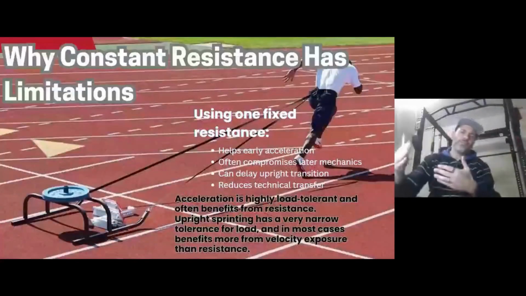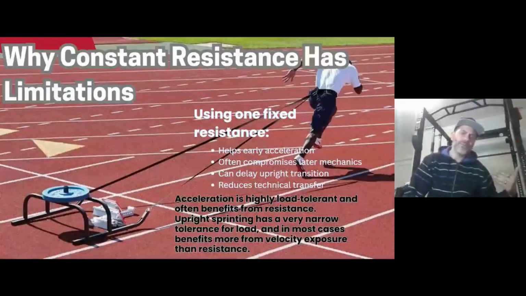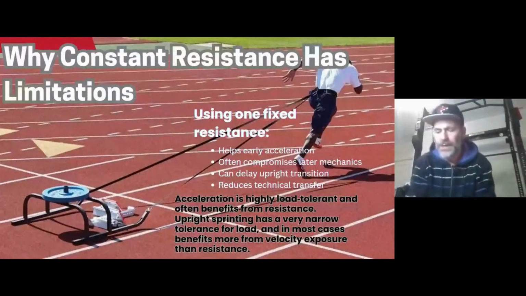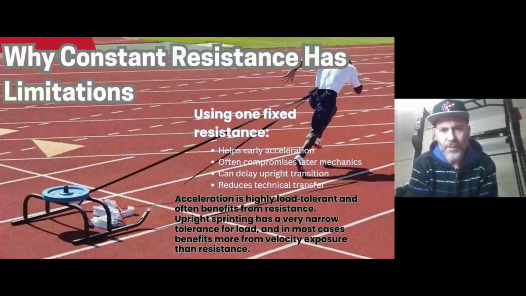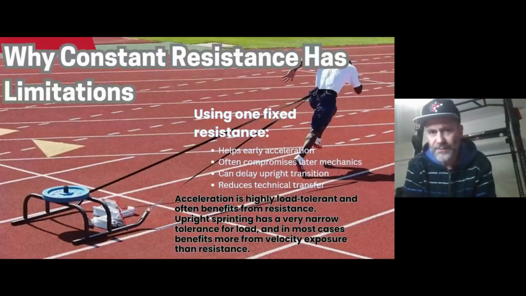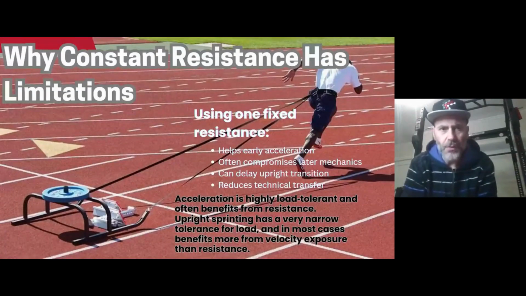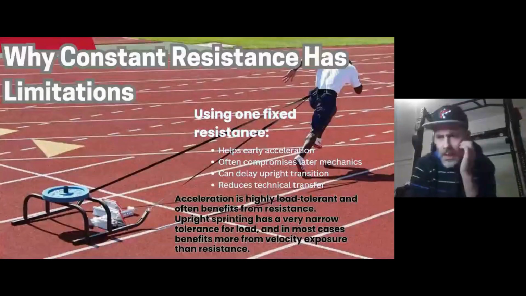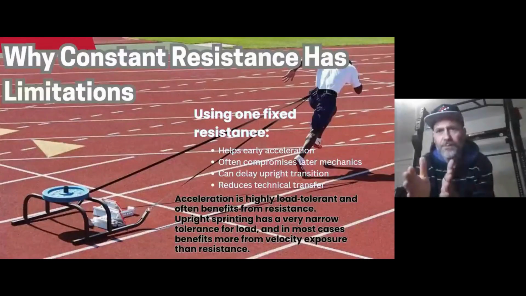But when it comes to, let's get back to constant resistance, the one we have with the traditional sled, towing bands, parachutes. Why does constant resistance have limitations? A single resistance value is a compromise.